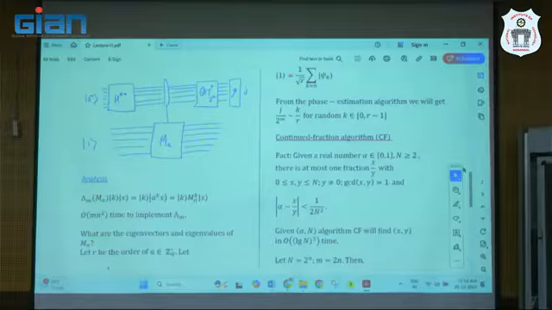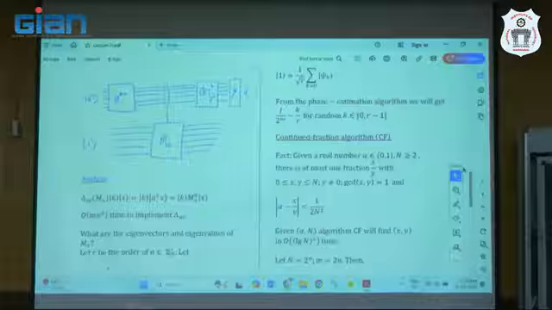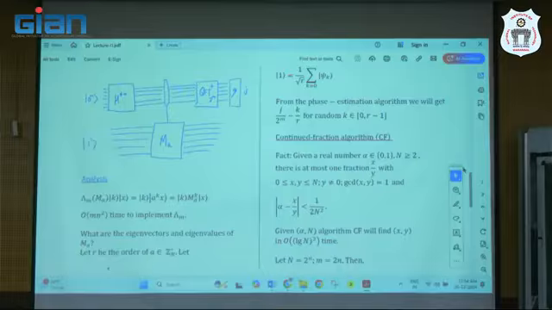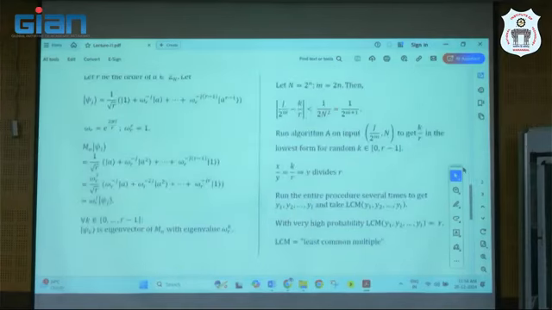That's the nice thing about the phase estimation algorithm. Okay, so what are we going to get? Any questions so far? Okay.